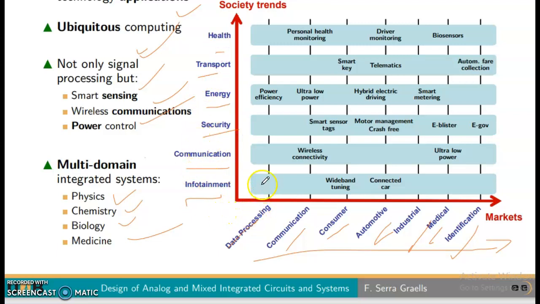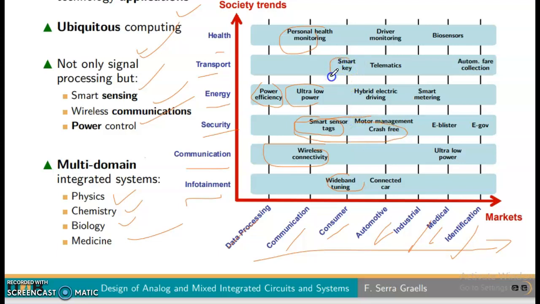In data processing, what will come? Power efficiency in energy. In communication, wireless connectivity, and smart sensor tags for security, ultra low power in energy, personal health monitoring in health. In consumer, wideband tuning in infotainment, smart sensor tags and motor management, cash free.